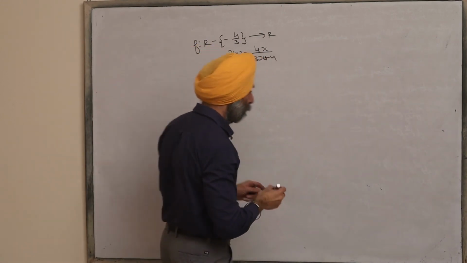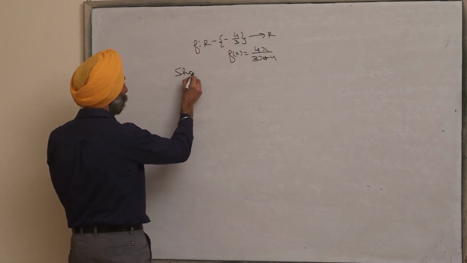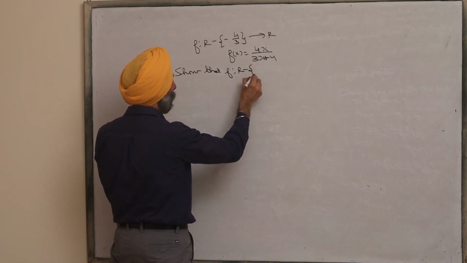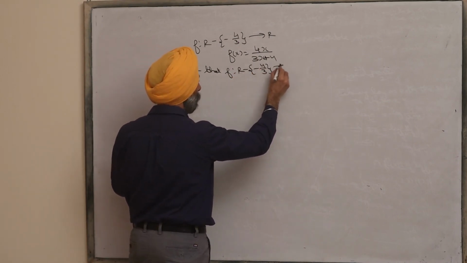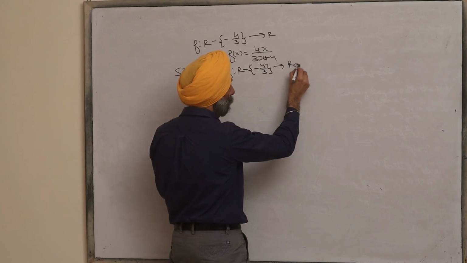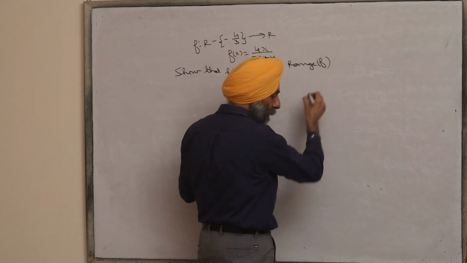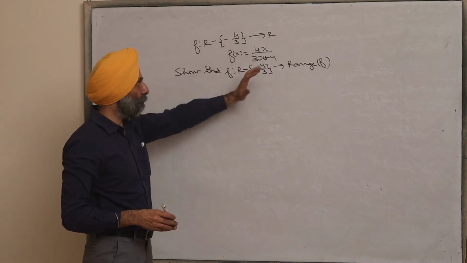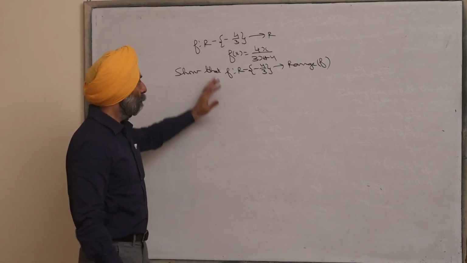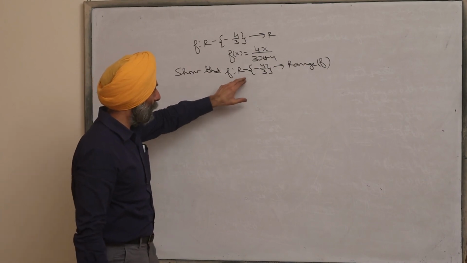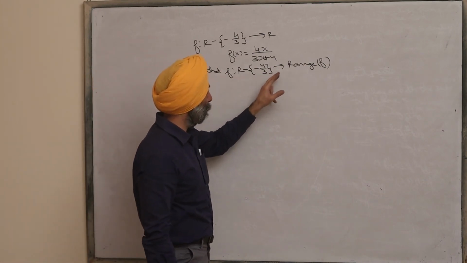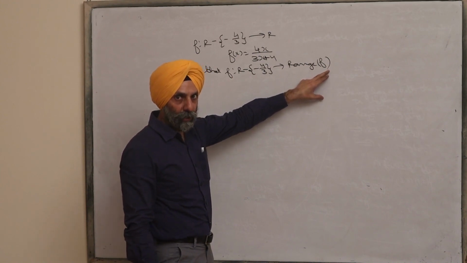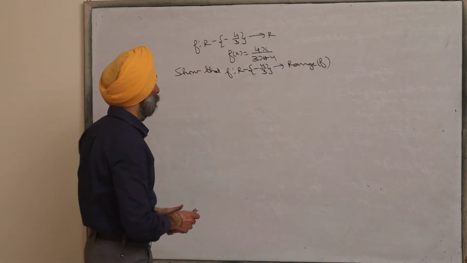Show that f is a function defined from R except minus 4 over 3 to the range of f, is 1-1 and onto, and hence find f inverse. We have to show that this function is both 1-1 and onto, and hence find f inverse.